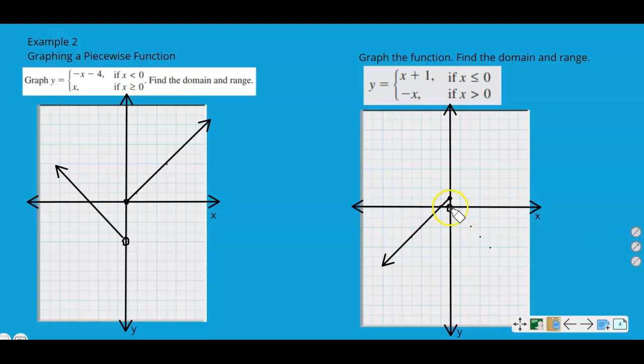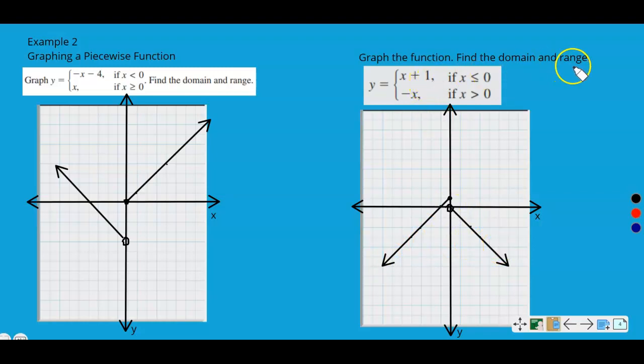We're also going to draw an arrow here. And that would be our piecewise function graphed. Again, an open circle and a closed circle. You use the vertical line test. The fact that one is open and one is closed, where they overlap, means that it is still a function.